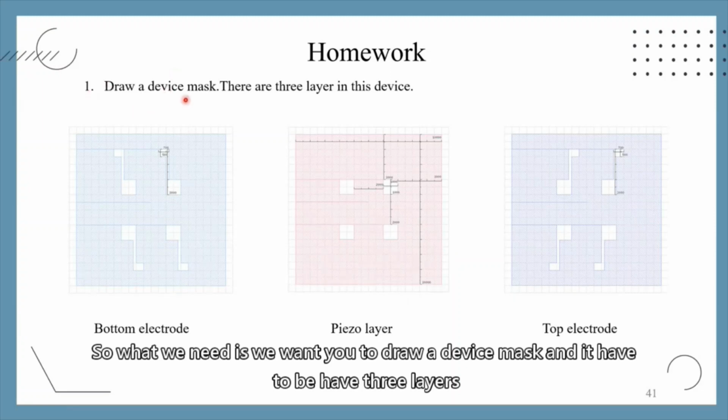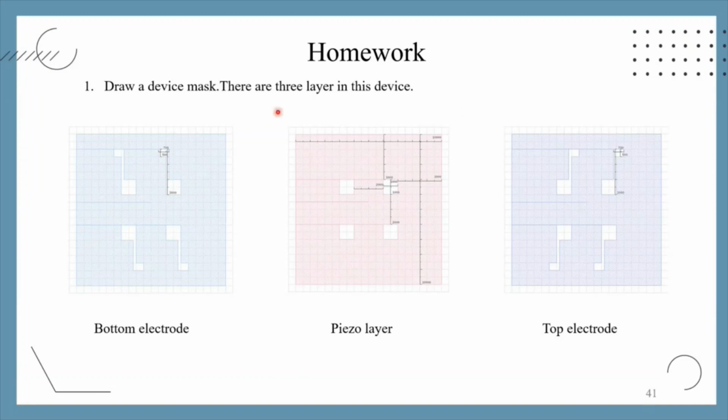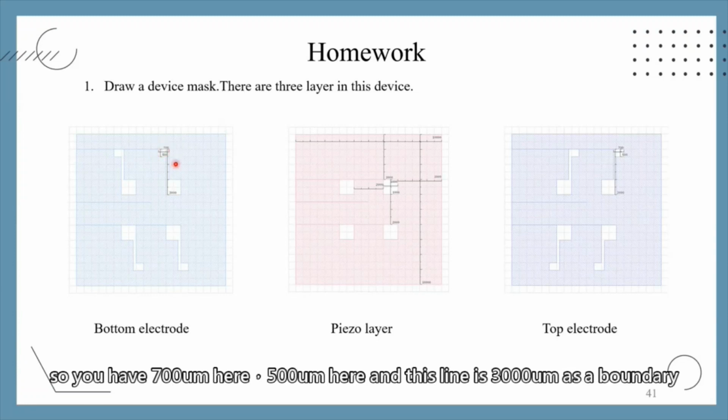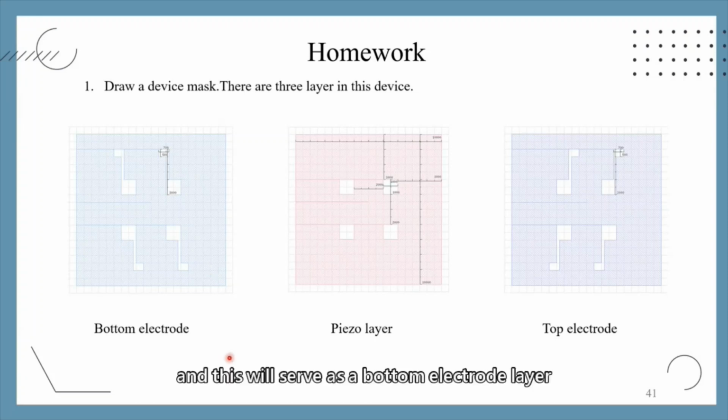We want you to draw a device mask with three layers. The first layer will be a button layer, and here is the dimension of it. The unit should be micrometer, so you have 700 micrometer here, 500 micrometer here, and this one is 3,000 micrometer as a boundary. This will serve as a button electrode layer.